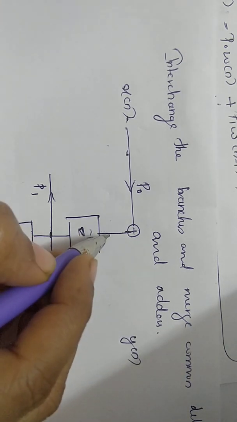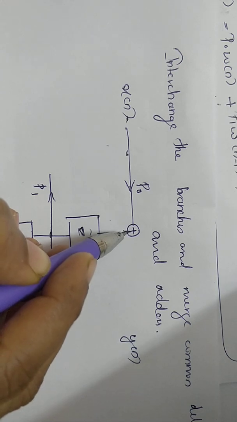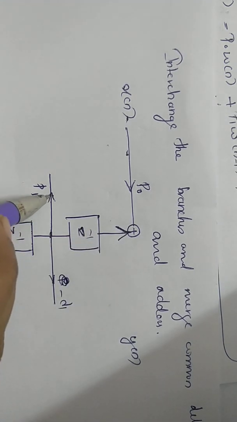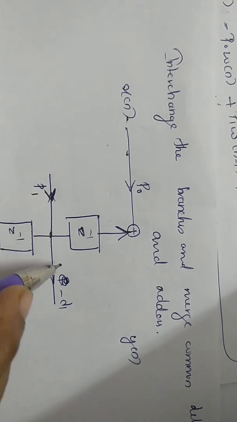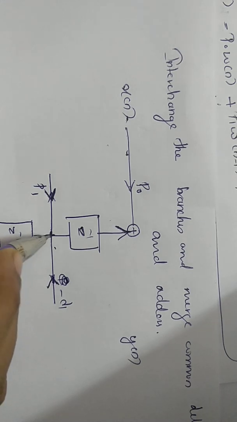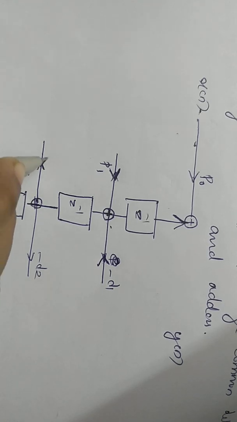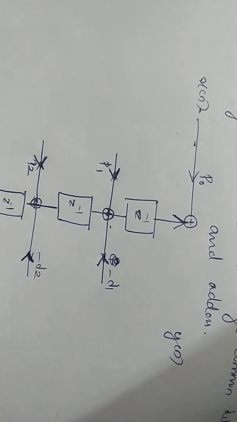In this direction, here one adder is there, here also one adder, p2, minus d2, p3.